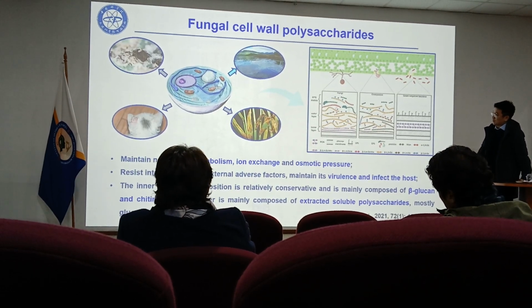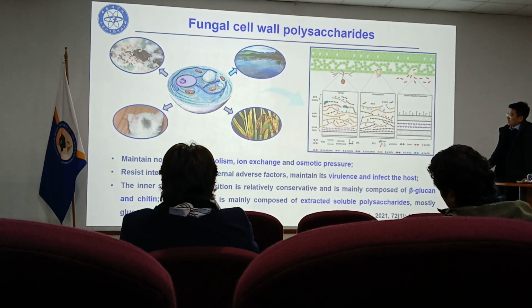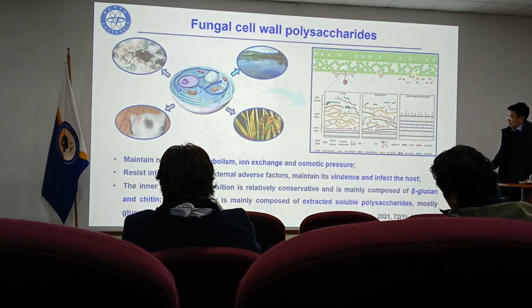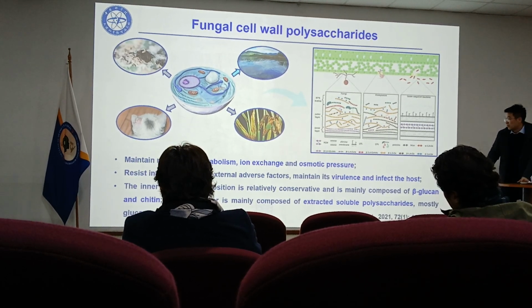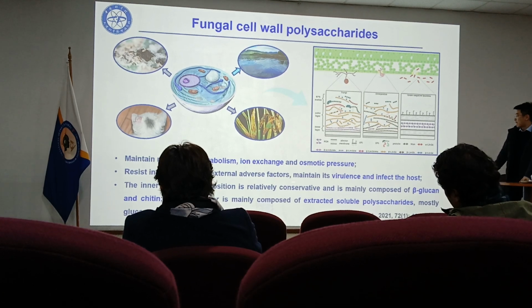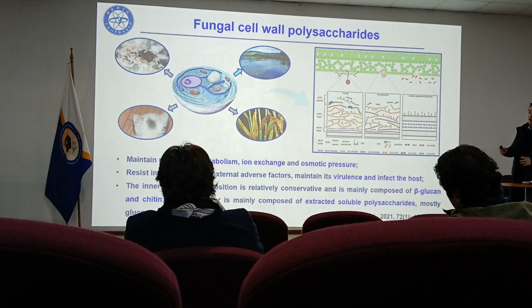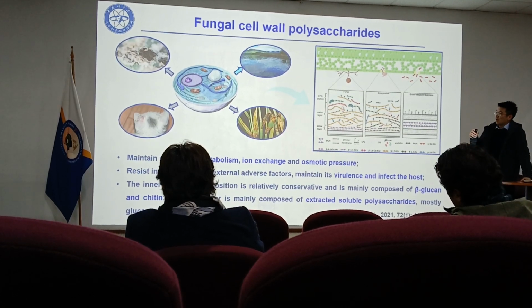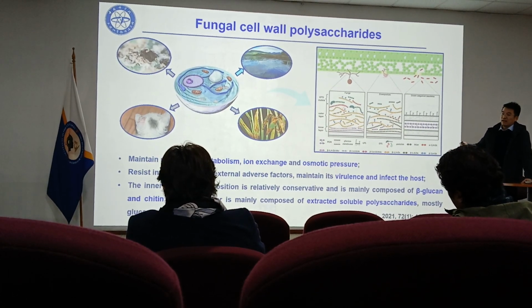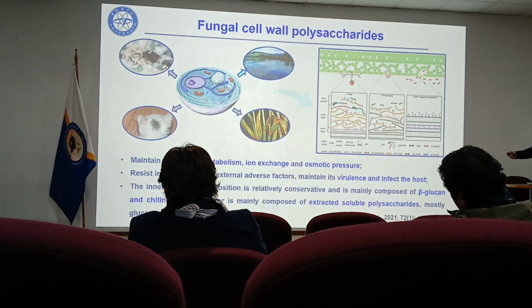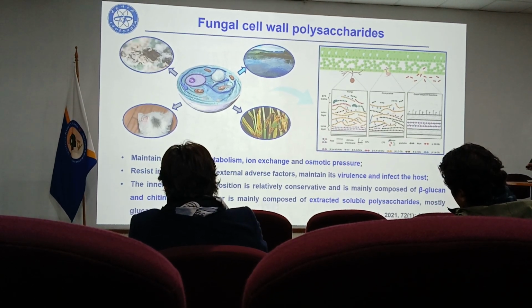It can maintain normal cell metabolism, interchange, and osmotic pressure, and also has an important function when the fungi attack plants or animals. The fungal cell wall is very important.